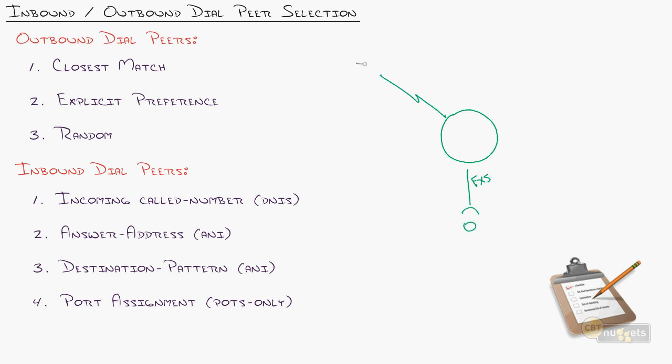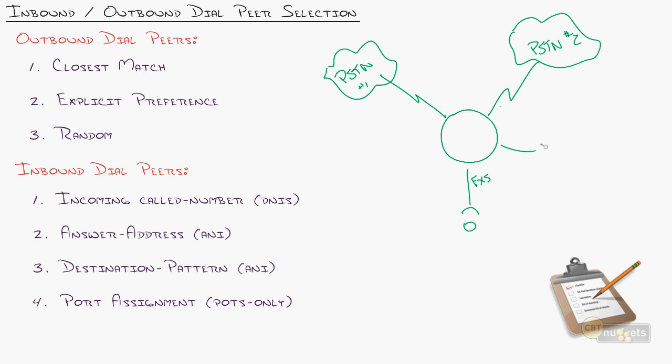I've got, we'll call it PSTN connection number 1. I've got PSTN connection number 2. Two different paths that we could go. So this guy, I create dial plans that says, 9T goes out that way, and maybe 9480 ... goes out this way.